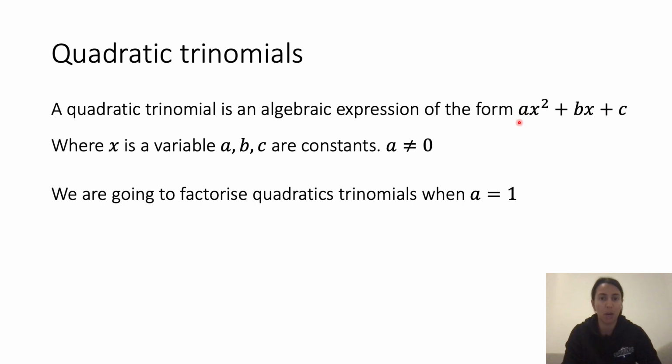So a might be 1, b could be 7, and c could be 14, something like that. And in this rule, a cannot be equal to 0. So to start with, we are only going to look at factorizing trinomials where our a value is going to be 1. So for this video and the questions that you're about to do, a will always be 1. b and c will change though.